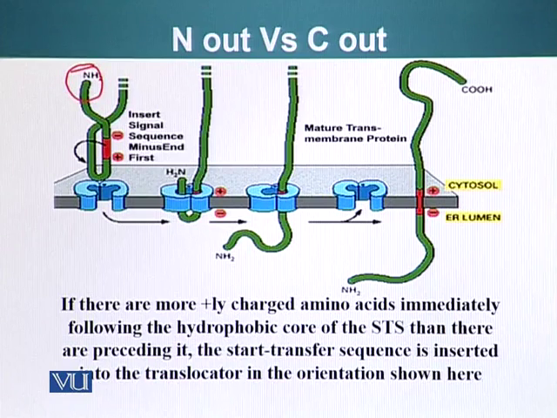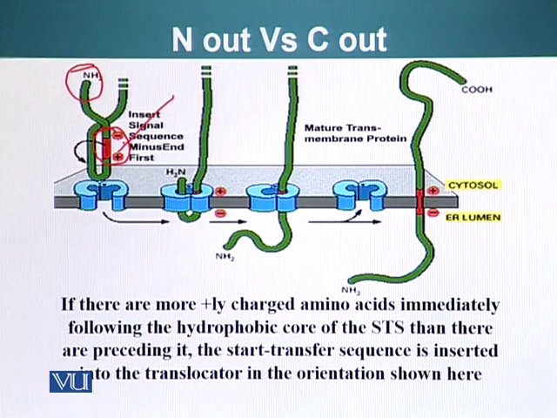The signal sequence is somewhere inside, later down in the amino acids, which we can see right here. When this happens, this sequence is also recognized by the signal recognition particle. The same procedure happens. This protein is now taken to Sec61, and the rest of the protein is then synthesized.